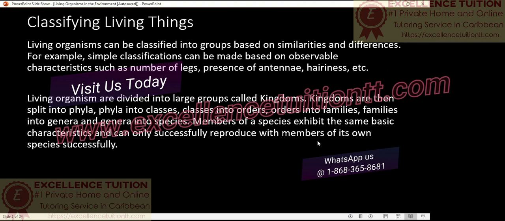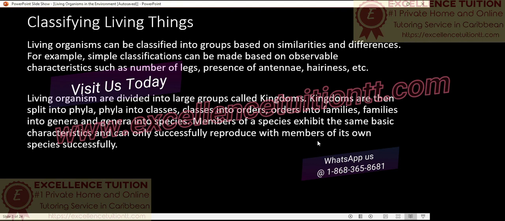Yes, sir. So living organisms can be classified into groups based on similarities and differences. You can classify anything that way. You can classify humans by height. You can classify dogs by the color of their fur. You can classify different insects based on whether they have wings or don't have wings. For example, simple classifications could be made based on observable characteristics, such as number of legs.